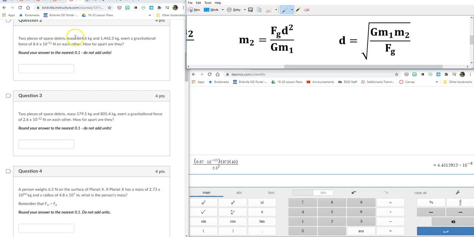I've got two masses, 864.6 kilograms and 1442.3 kilograms. So I know my G always. I've got a mass 1, I've got a mass 2. They exert a gravitational force, 8.4 times 10 to the negative 11 newtons. So I've got all the pieces that I need to plug into my equation.